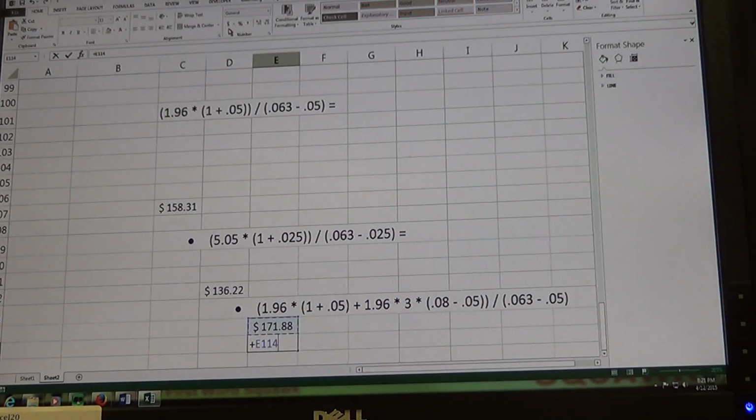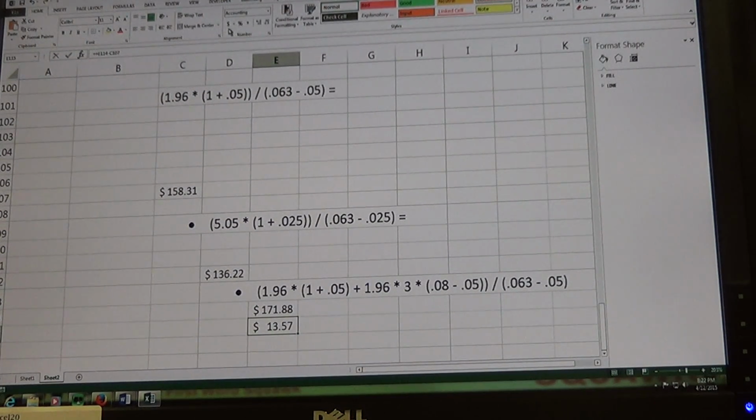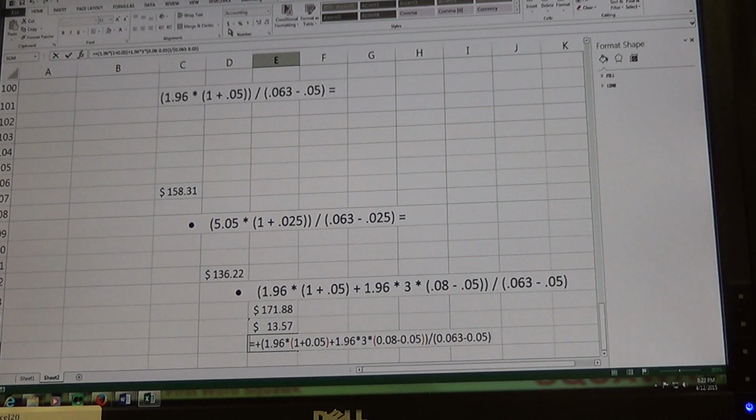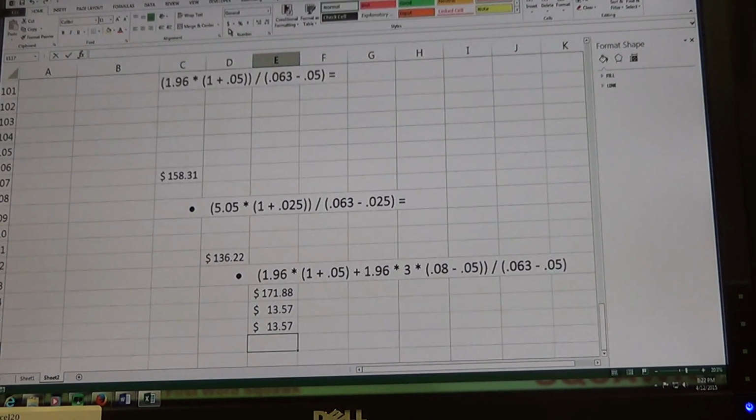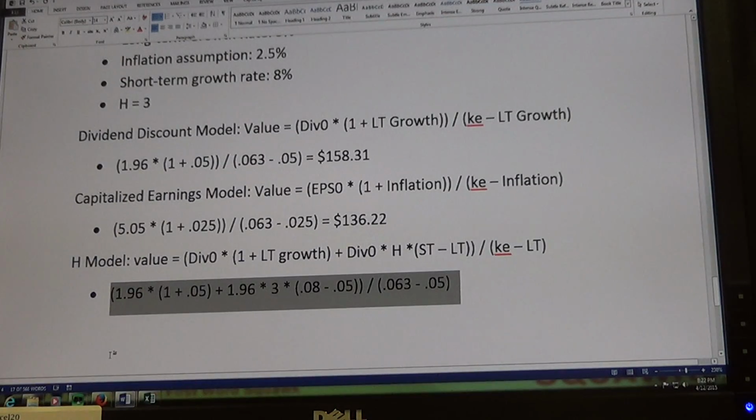If you compare that to what we got on the capitalized earnings model, the difference is $13.57. So what should that difference be? Well, if you take out everything in the first part of that formula and you just do the dividend times the H times short-term growth minus long-term growth divided by KE minus growth, that should be that difference. So you can actually check the answer.